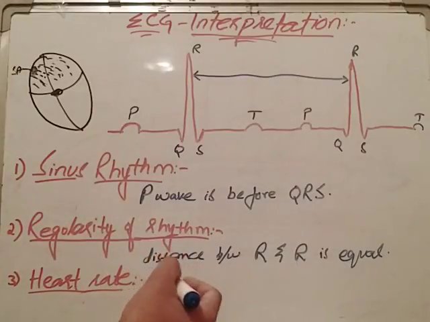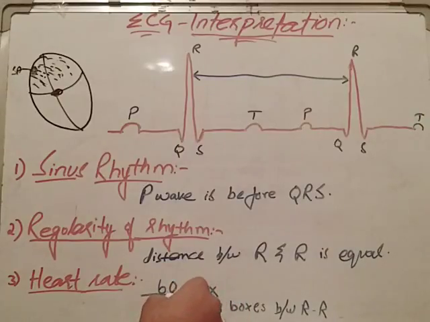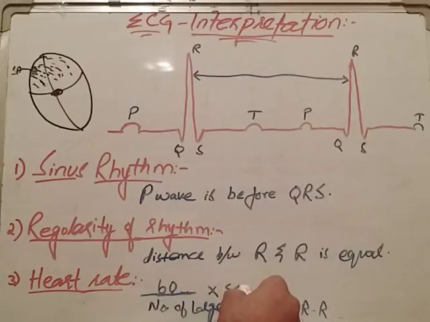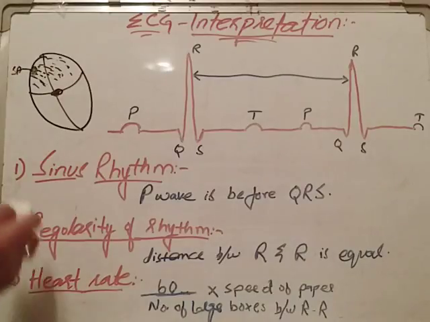The heart rate will be equal to 60 divided by the number of large boxes between R and R, multiplied by the speed of paper moving under the electrocardiogram drawing pen.